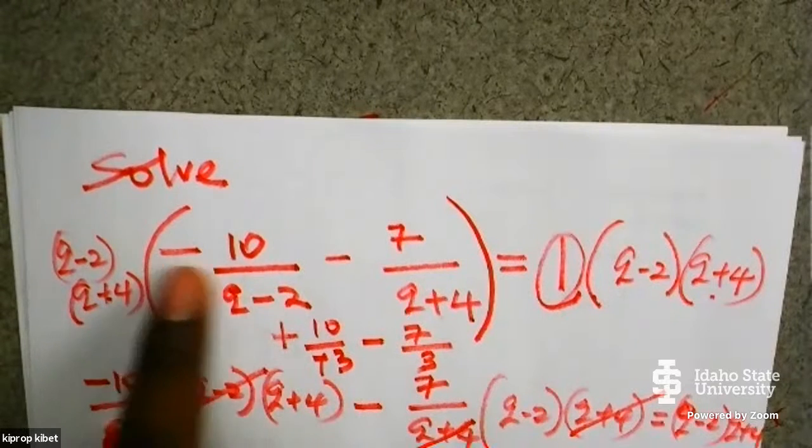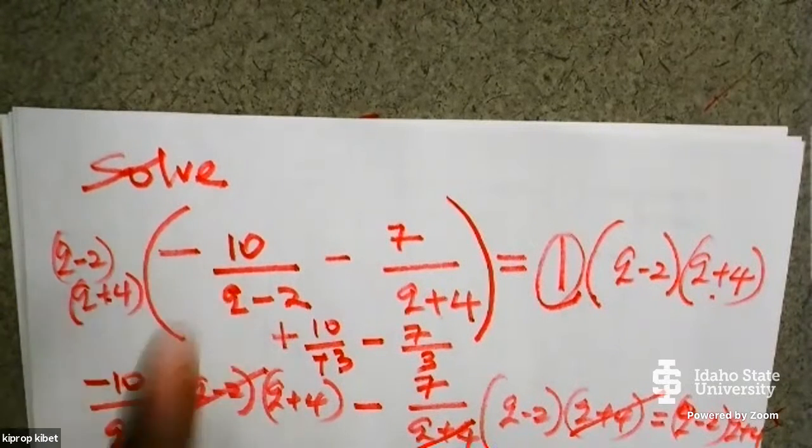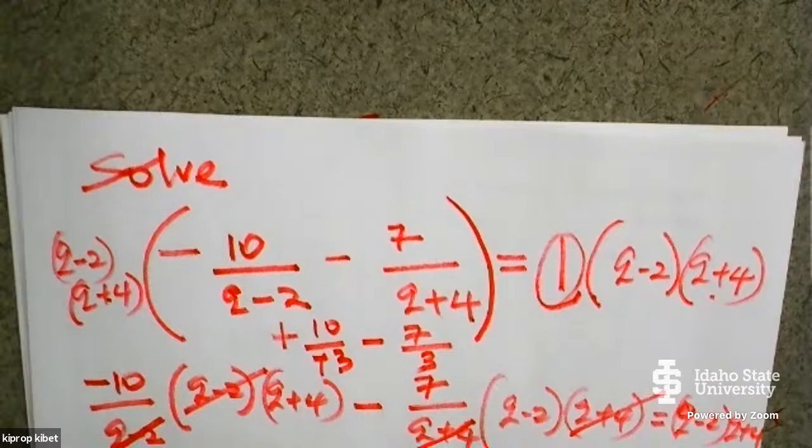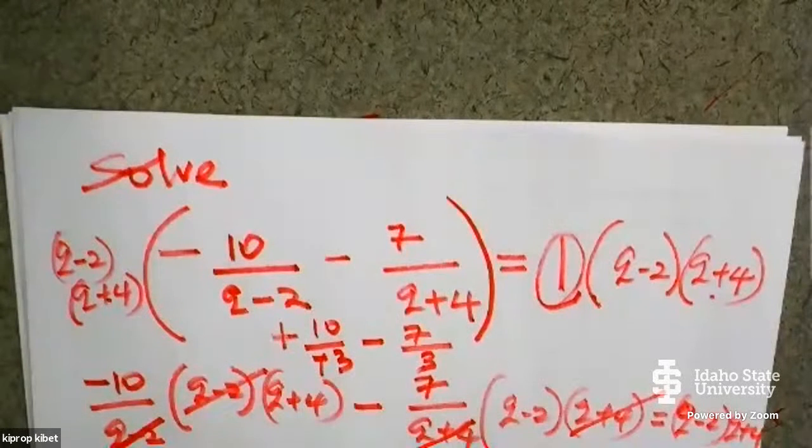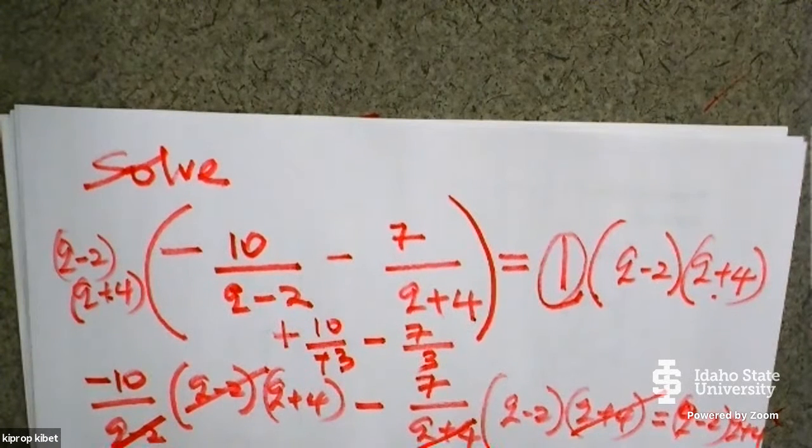So -10 divided by -3 is a positive. So it will be 10/3 minus 7/3. Okay. That makes sense. Yeah, so it's 3/3, right? So you can actually go and prove whether you're getting the correct answer. Any other question?